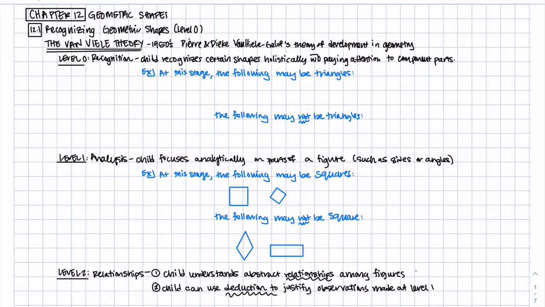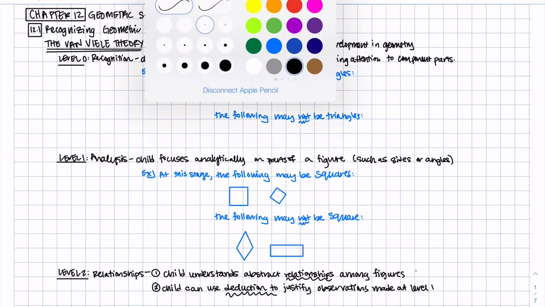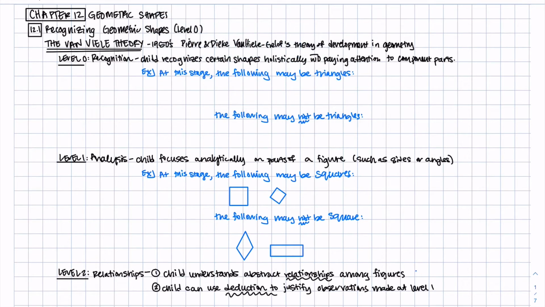So a square is a square at level 0 because of its general shape and resemblance to other objects that might be called squares, but maybe not any particular properties that are pointed out explicitly with regards to squares.